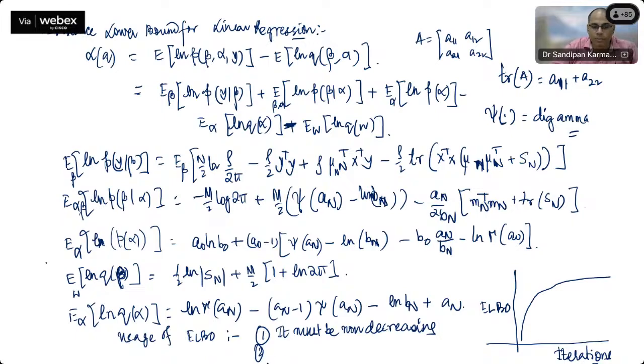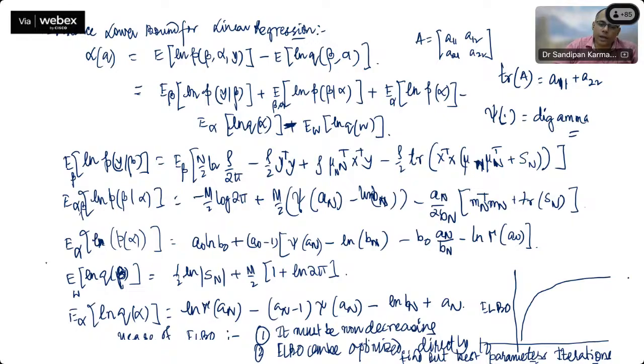You can optimize this ELBO directly and find out what will be the best value of the parameters. ELBO can be optimized directly to find out the best parameters. So in these two ways we can use this ELBO.